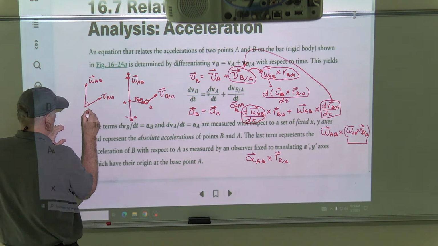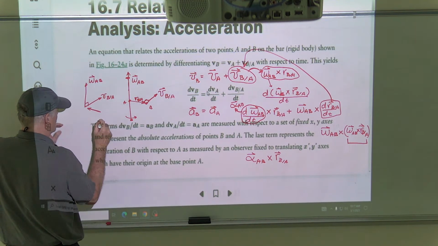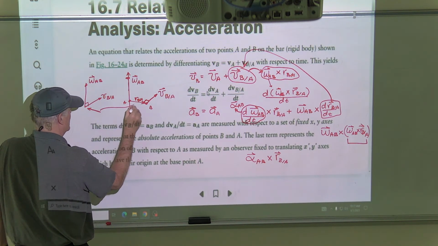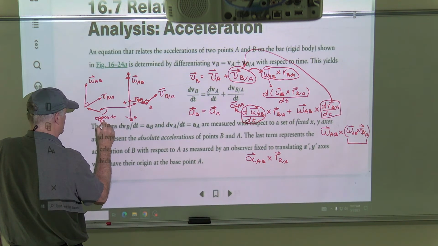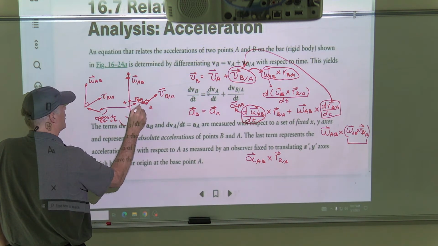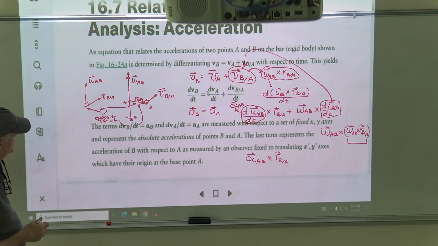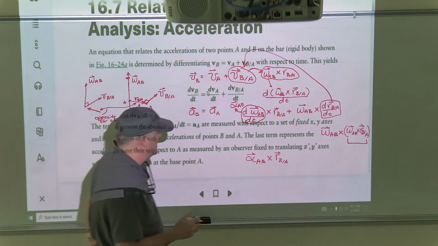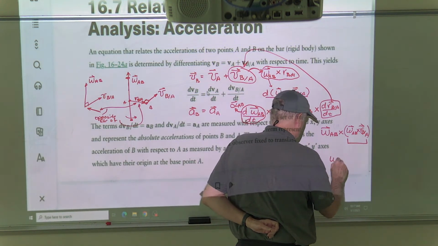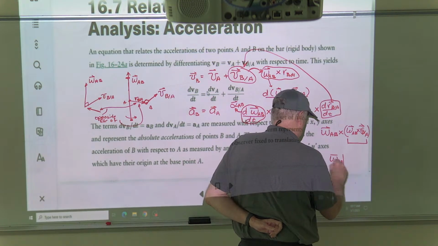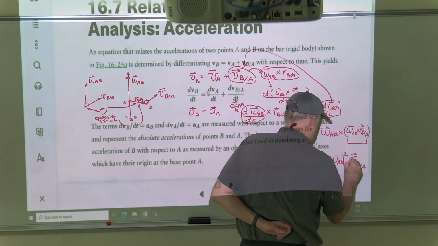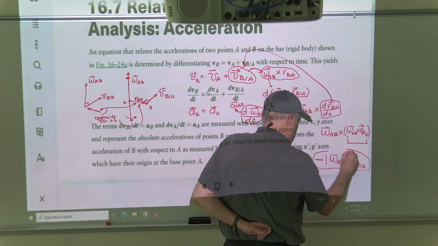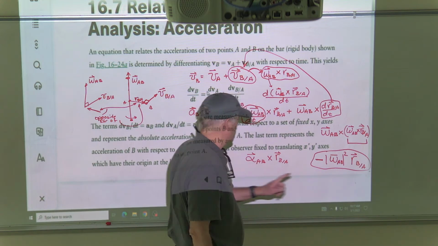It's going this way, which is basically the opposite direction of the R. So what he does is he says it is always the opposite direction of R, therefore this thing will always be omega squared, magnitude squared, because you've got two of them, and the vector R B to A, but there's a minus sign in front of it to indicate it's always in the opposite direction of R B to A.